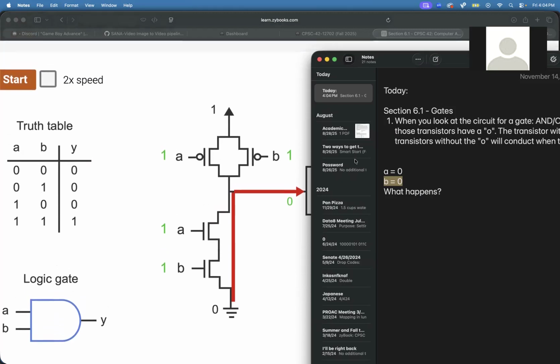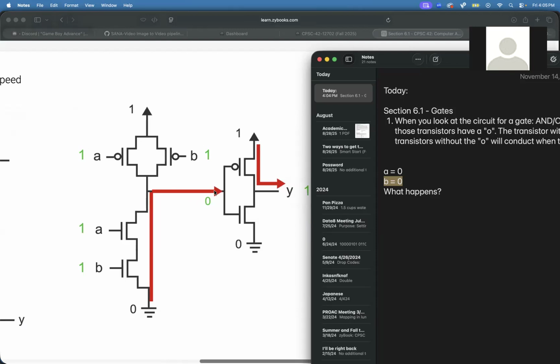So if A is zero, right? So forget this one. If A is zero, then that means the one with the little circle conducts. Okay. So if this conducts, then this one will make it through this side and will end up over here.